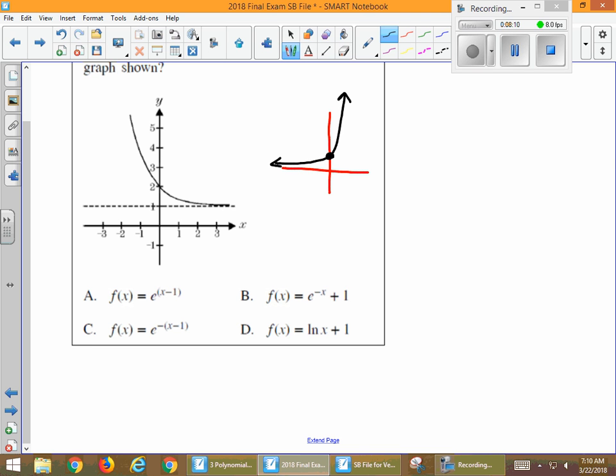So it has a y-intercept of (0, 1). It has a horizontal asymptote at y equals 0. And it's increasing. So to flip it around so that it's decreasing, that's going to be a reflection over the y-axis.